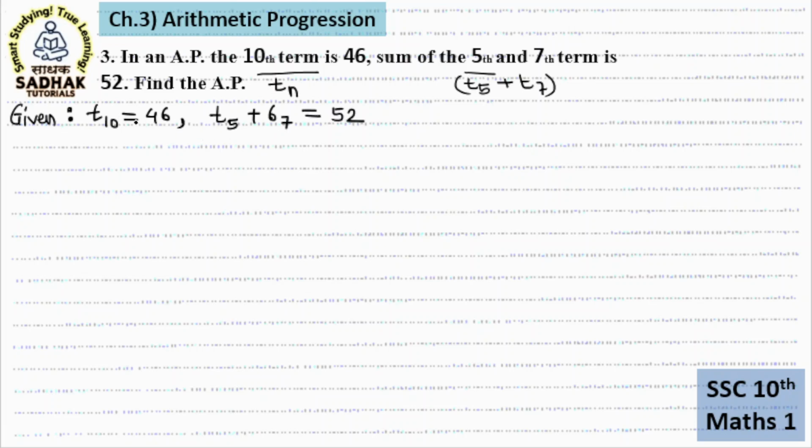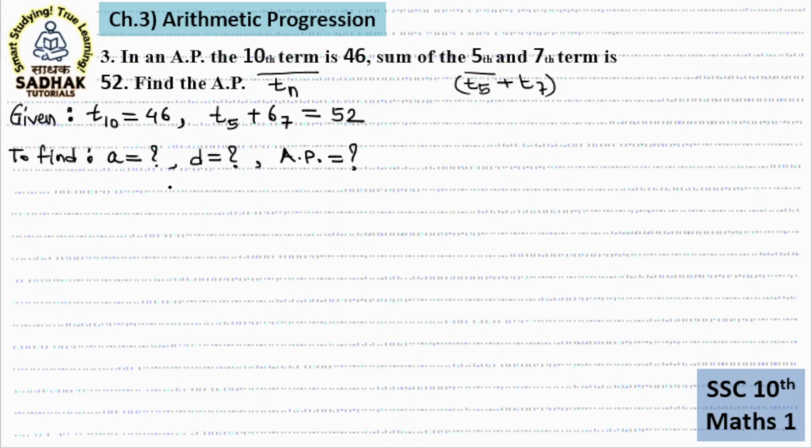So these two things are given. And we have to find what A is and what D is, so that we can write the AP.